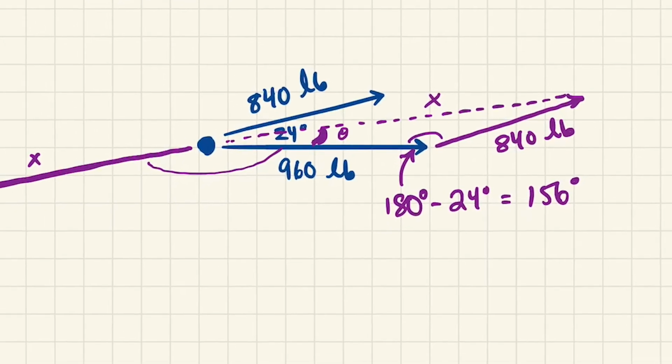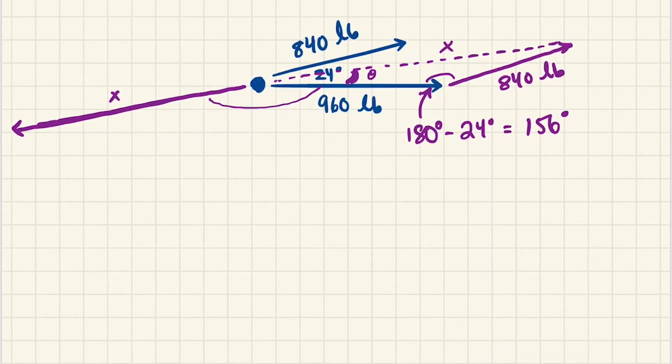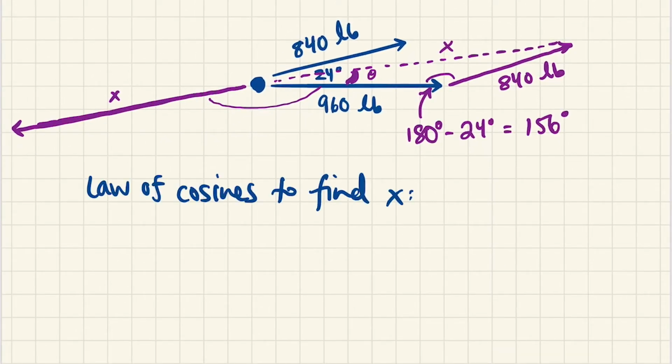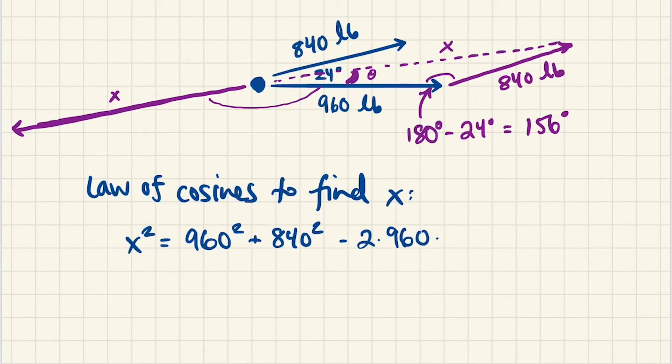So now we can use the law of cosines. We know that x squared is 960 squared plus 840 squared minus 2 times 960 times 840 times the cosine of 156.